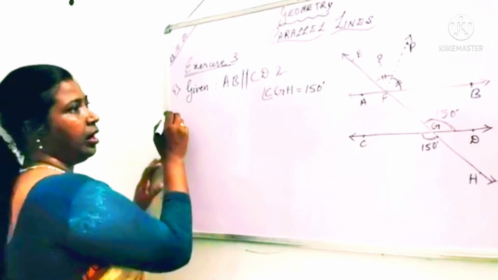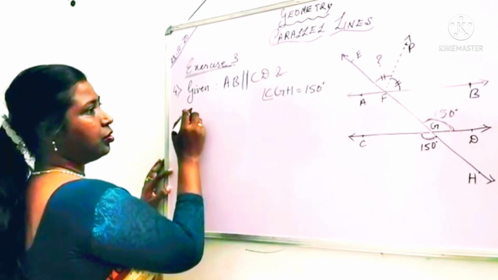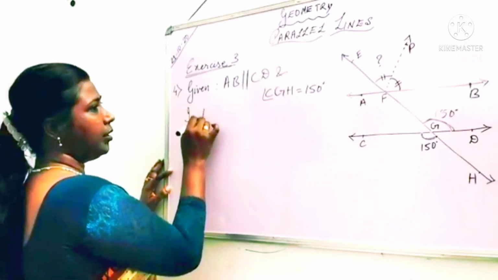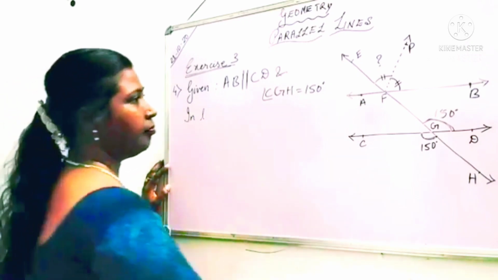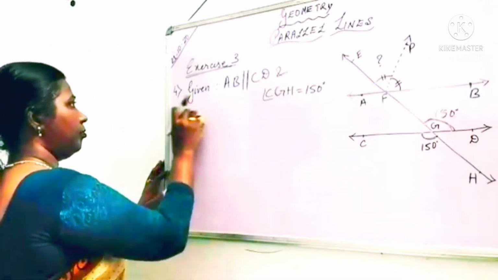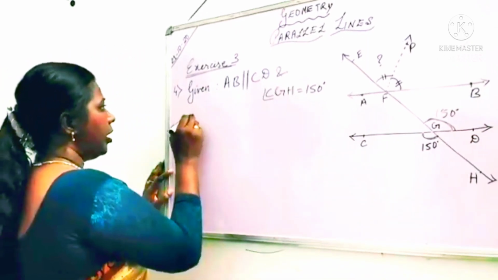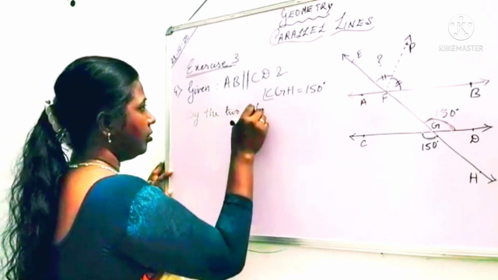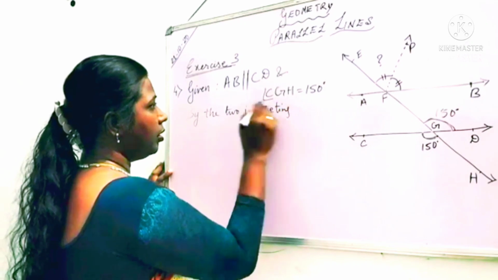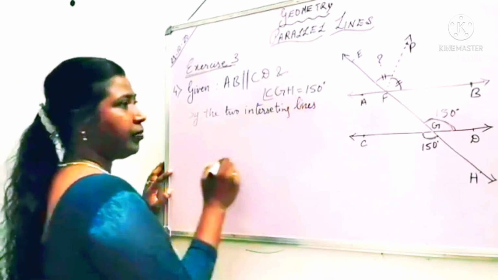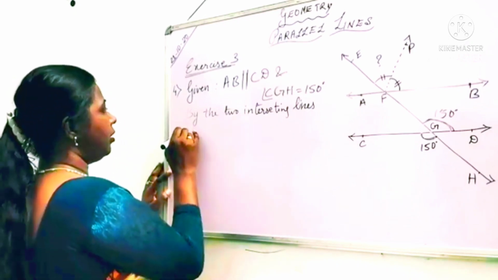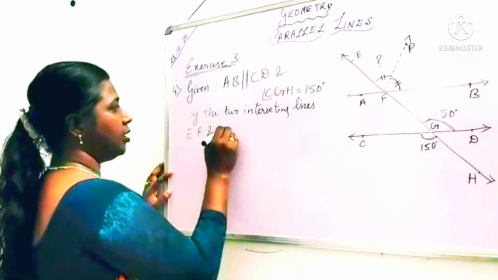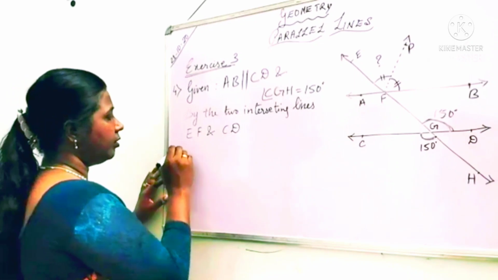So for that, write: in the two intersecting lines, that is EF and CD, what are we getting?